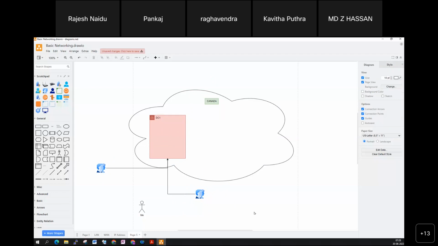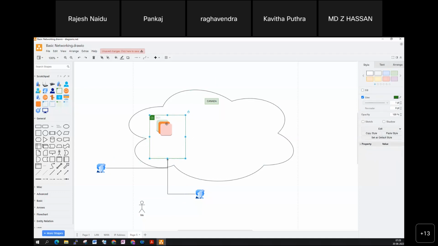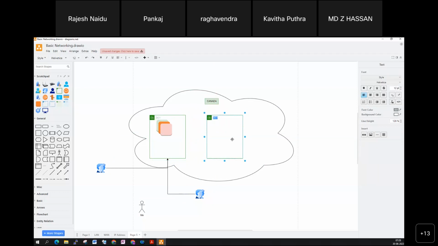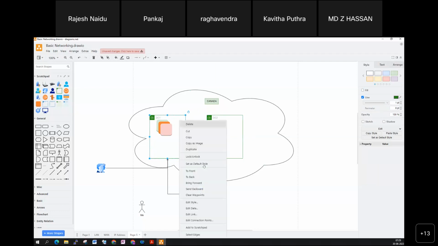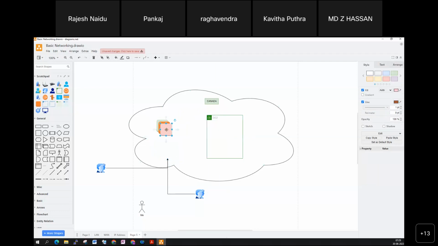So in every IT company, they maintain the servers and applications in another data center, which we call the DR site.